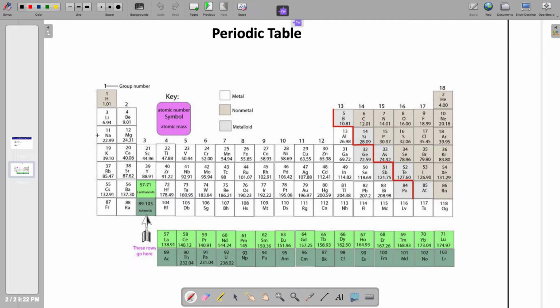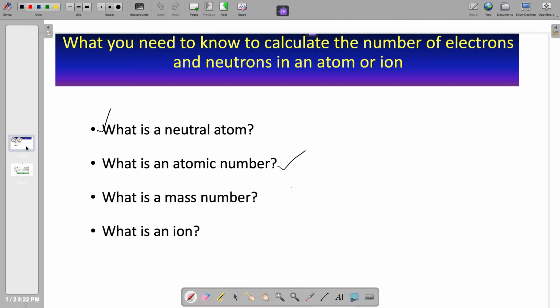So what we can do is write the chemical symbol of sodium like so. And we will write the atomic number at the bottom left as a subscript. So that is the atomic number of sodium. Now, because sodium is neutral, how do we know sodium is neutral?